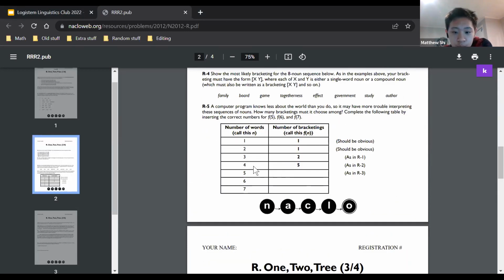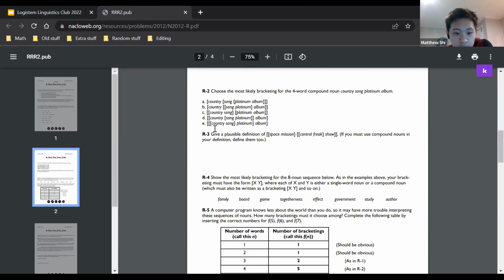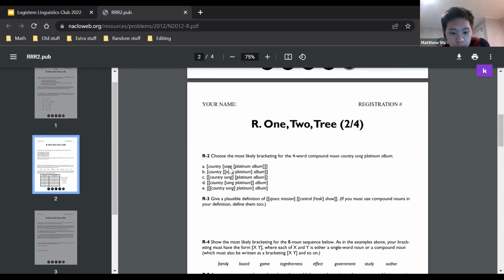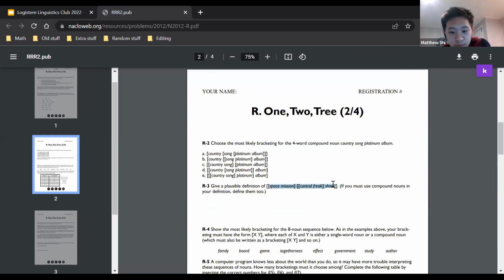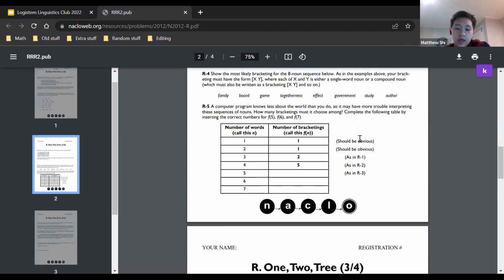Four words is shown in R2, like this. Five possible ways. Five words shown in R3, space mission control freak show. And for six and seven, see if you can complete the table.